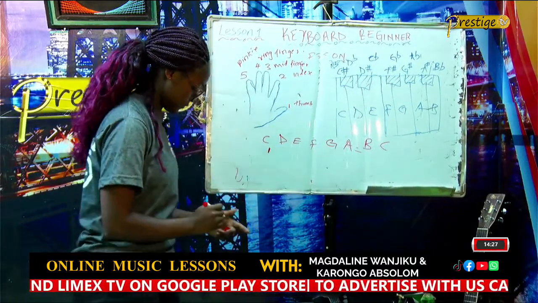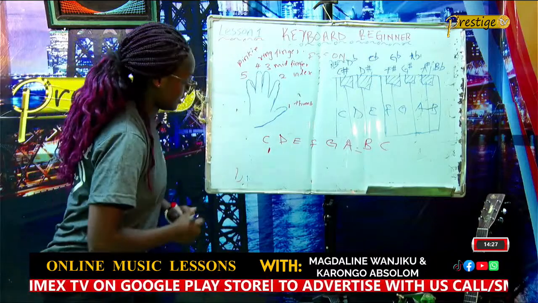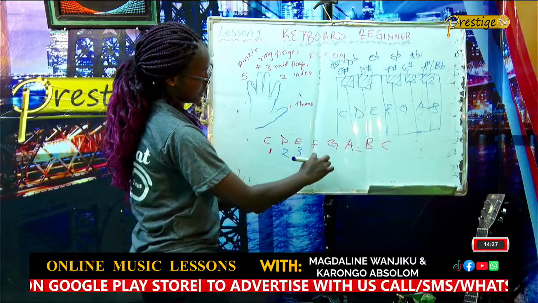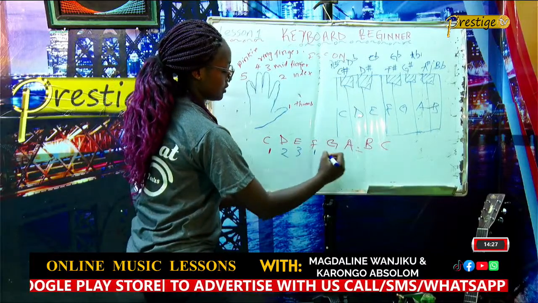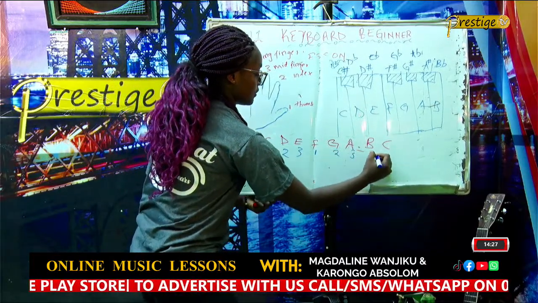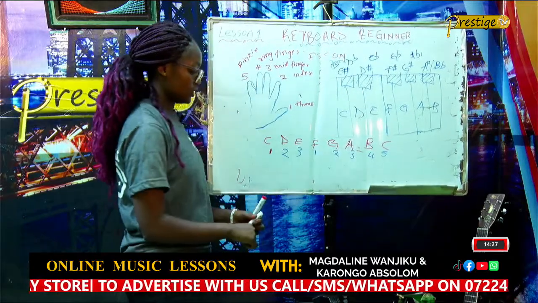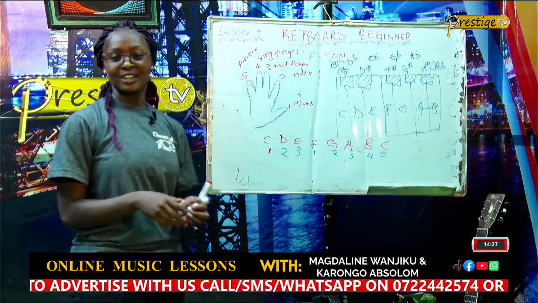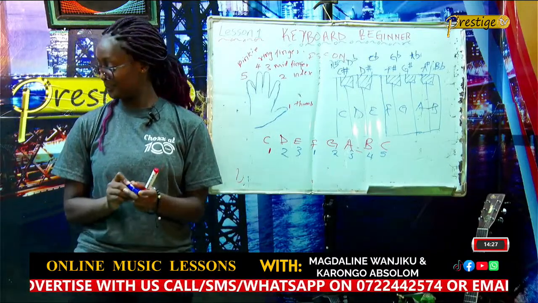You play with your first finger, second and third, and then when you go to F, you start again 1, 2, 3, 4, 5. So it will be 1, 2, 3, then 1, 2, 3, 4, 5, as will be shown here in a demo.